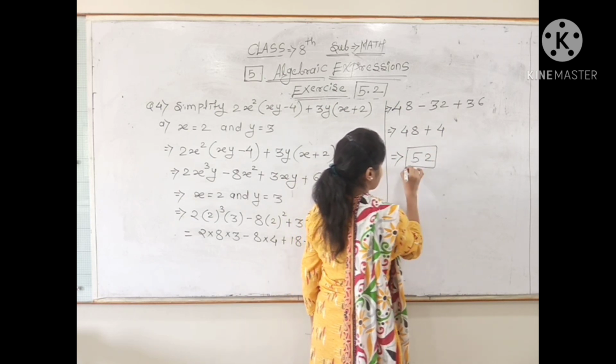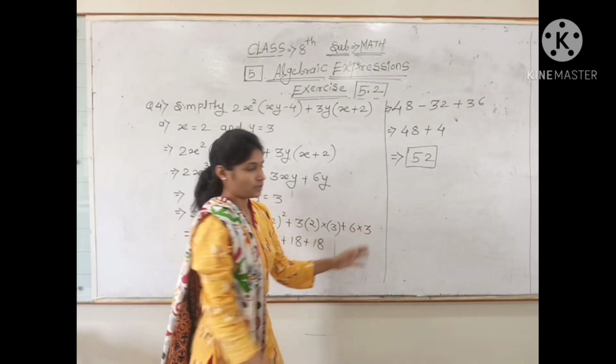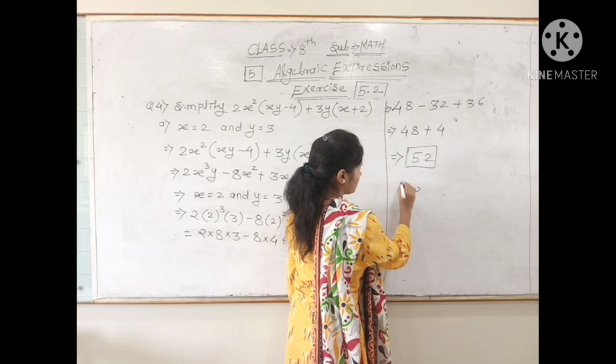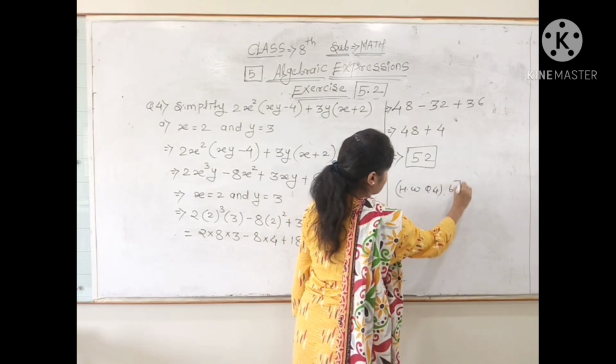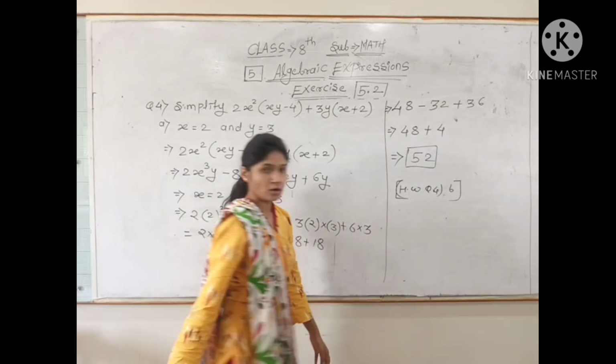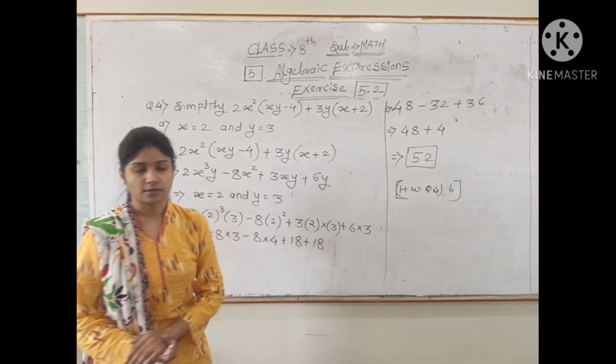This is the answer. This type of question we have to solve. Question number 4 B is for the homework. Okay, you have to properly solve according to this method. Understand, students? Okay, now next question.